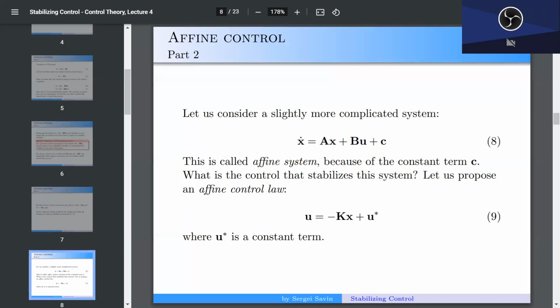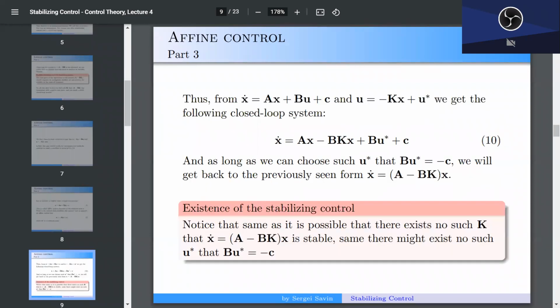But anyway, let us think how we can solve this problem. And I really hope, I will write down everything that you cannot see. All right, so the first step we can take is to substitute, obviously. Can we still see what is written on the slides? We can see the formula, right? All right, so I will just hurry up with the slide and then I will draw it on the blackboard. So what I do is I substitute u in our first equation, and we'll get x dot equals Ax minus BKx plus Bu star plus c.